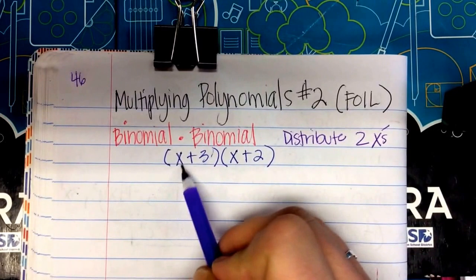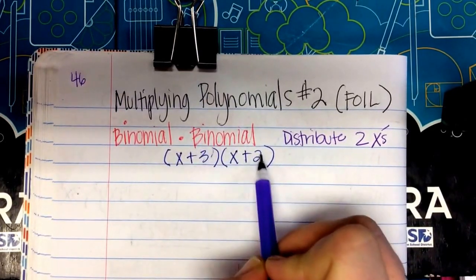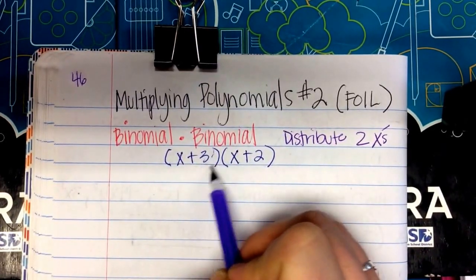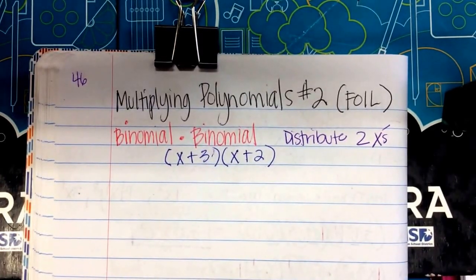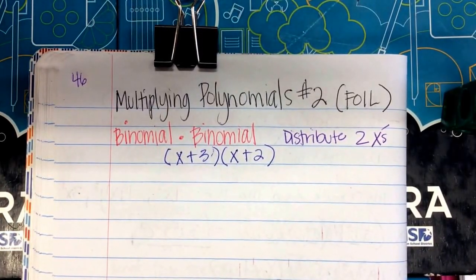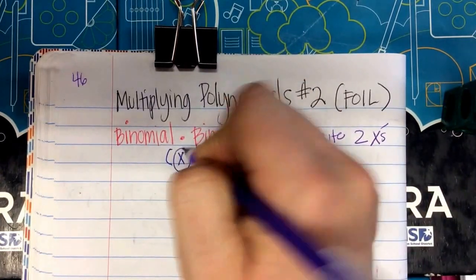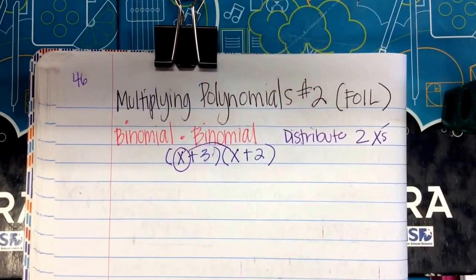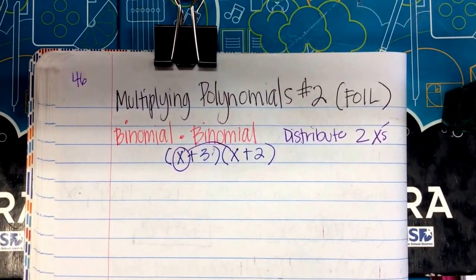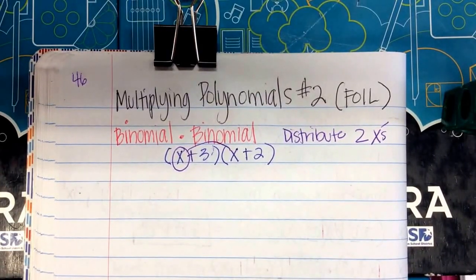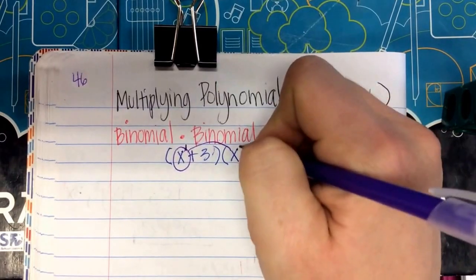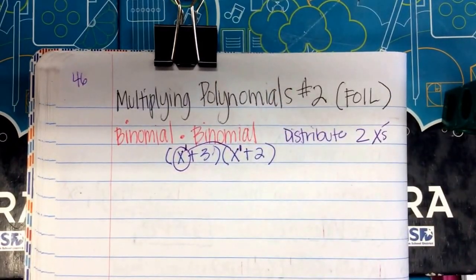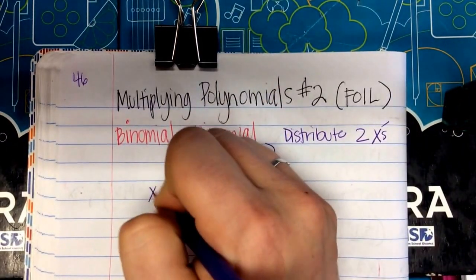I'm going to distribute this x, and then I'm going to distribute this 3. So I could take x times x, and what do you get? X squared, right? There's an exponent of 1 and an exponent of 1. So you get x squared.